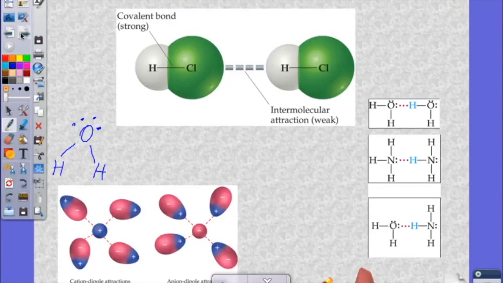The hydrogen of one ammonia is attracted to the nitrogen of the other one. This is hydrogen bonding. You need to have hydrogen and one of those three to call it hydrogen bonding. That hydrogen bonding has dipole-dipole and London dispersion in it.